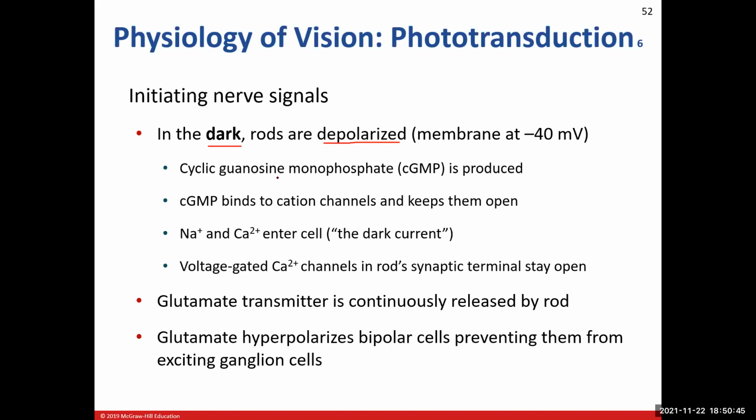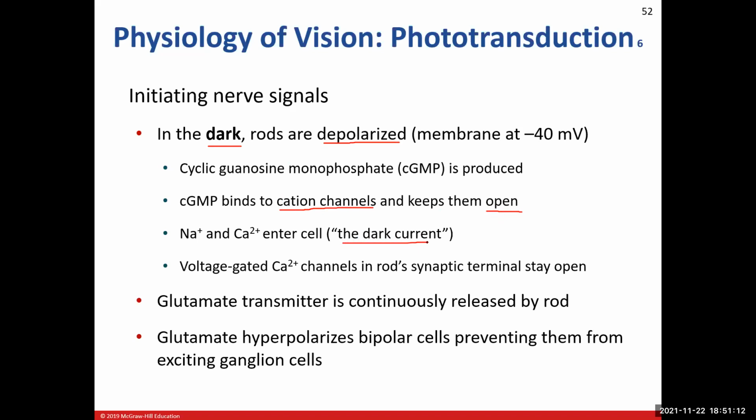And what it does is it binds onto the cation channels in the membrane of the cell, and it keeps them open. Well, if these channels are open, it's going to allow sodium and calcium to enter into the cell. We call that the dark current. And the dark current flows into the cell, and it depolarizes that cell.